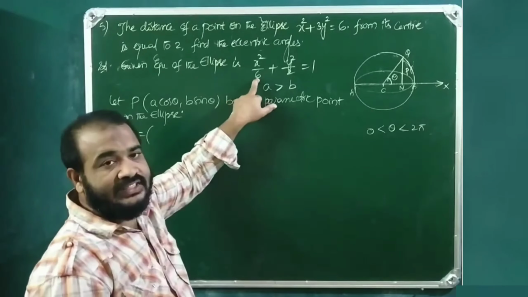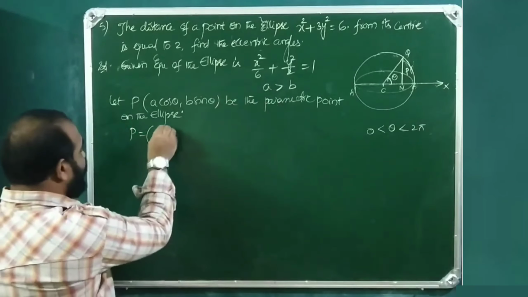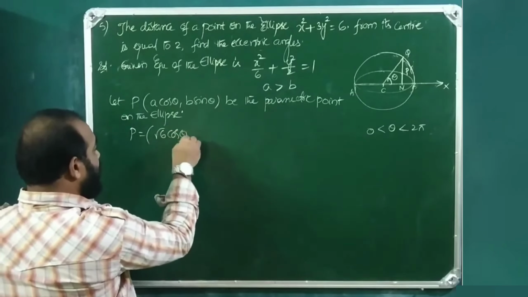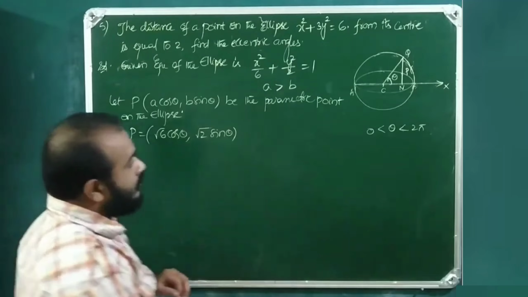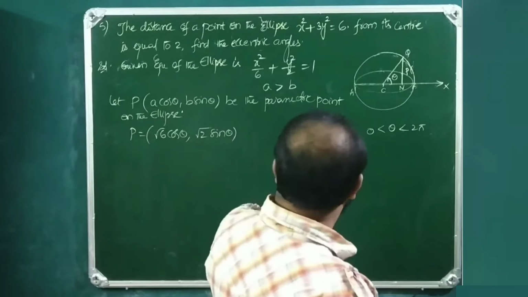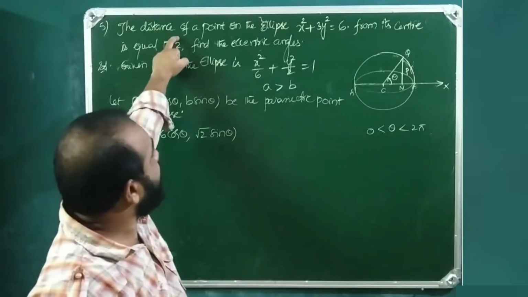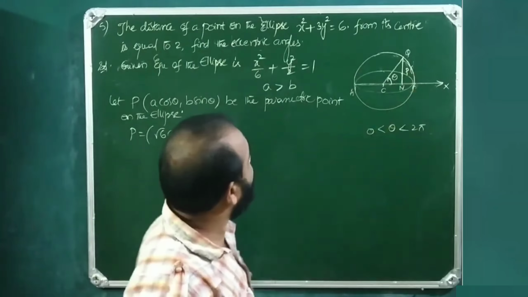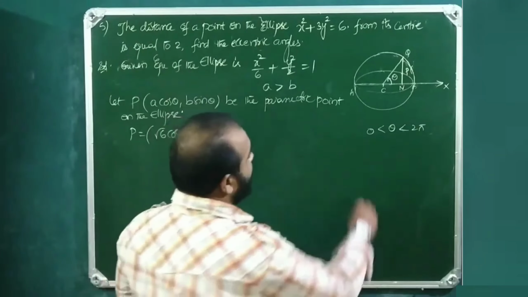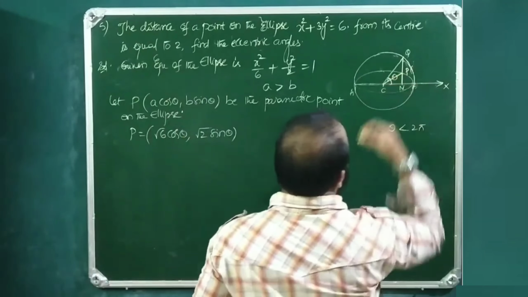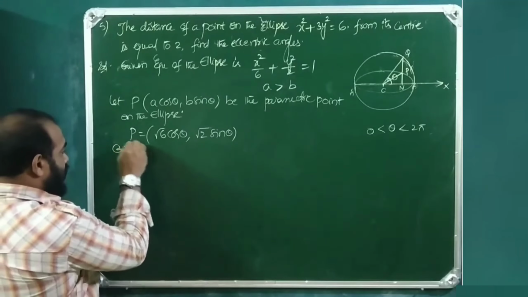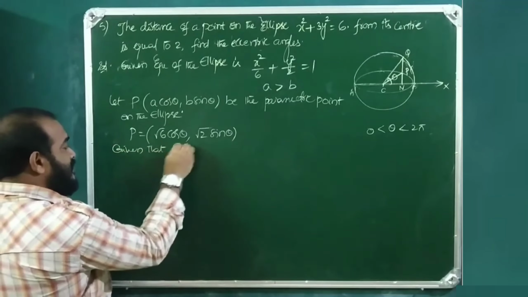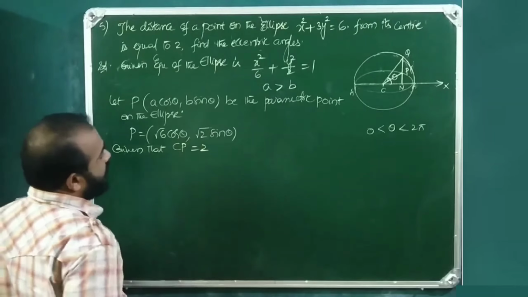A square equals 6, A is equal to root 6. So root 6 cos theta and root 2 sin theta. So what has been given is the distance of this point from its center. This CP is given, that CP is equal to 2.